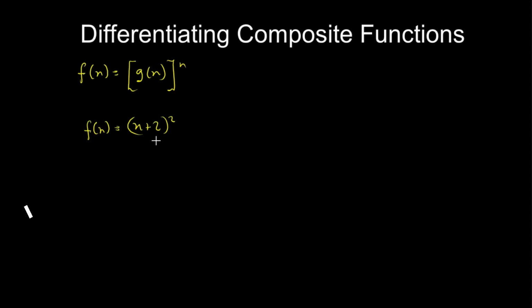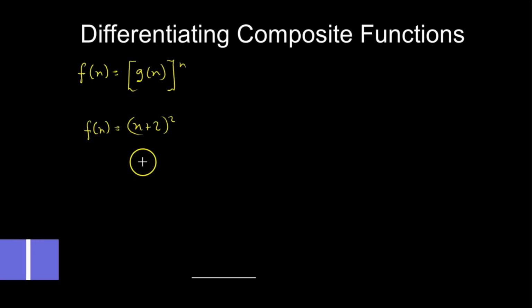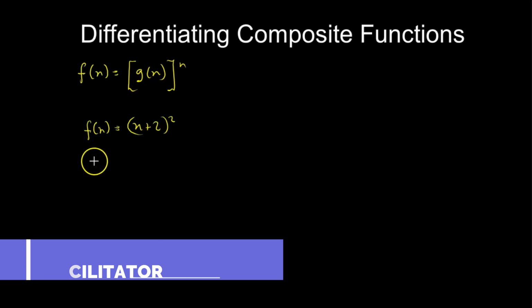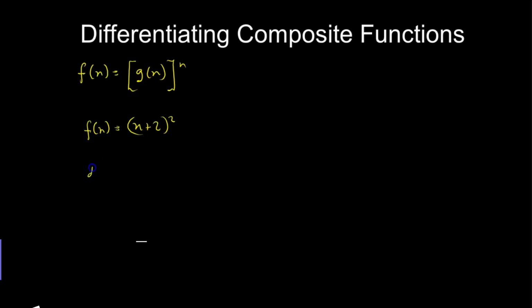You can go with what we call the chain rule. So with respect to the chain rule, how do we apply it in working out such a function? If I have a composite function like this, to find dy dx, I first need to differentiate what is outside the bracket.